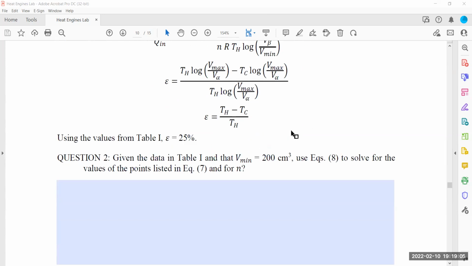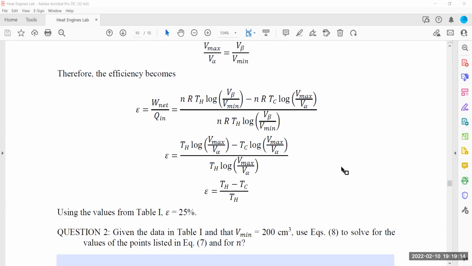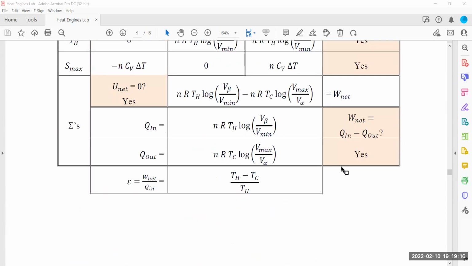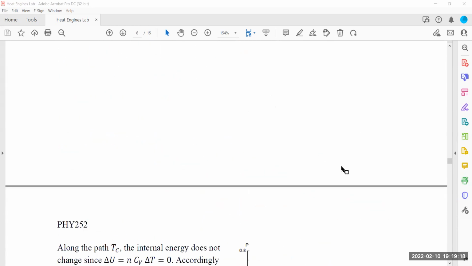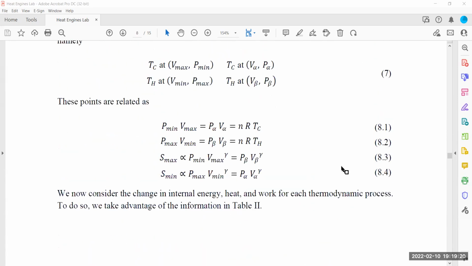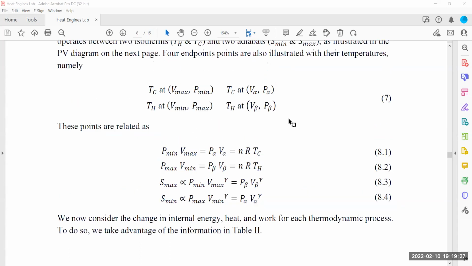Given the data in table 1, if Vmin is 200 cubic centimeters, so they gave you Vmin, use equation 8 to solve for the values of the points listed in equation 7. So they gave us Vmin. Remember, they gave us Vmax to begin with. They gave us TC and TH.